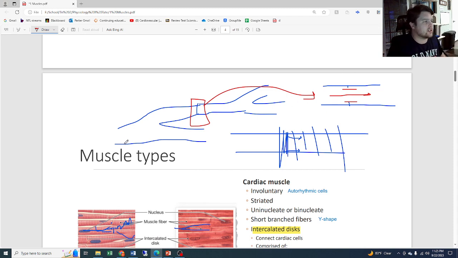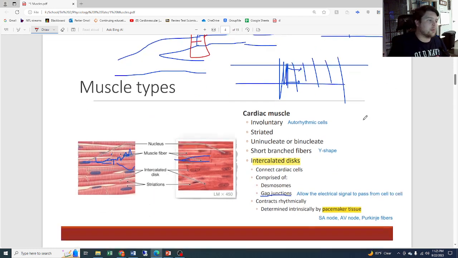Once that first cell gets depolarized and gets that signal, this is how it passes that signal. It'll pass the depolarization signal to the next muscle cell, and the next, and they will start to contract. It's all connected really quickly, so the whole heart can beat rhythmically and together with the tissue around it.